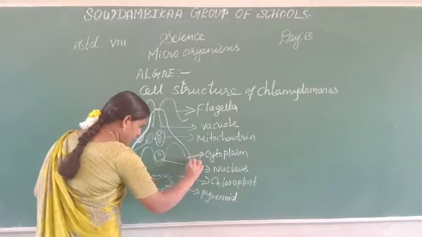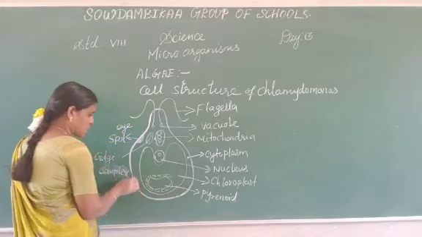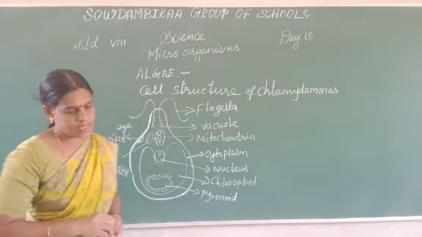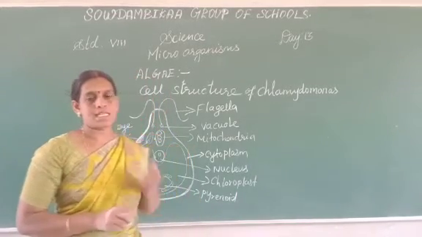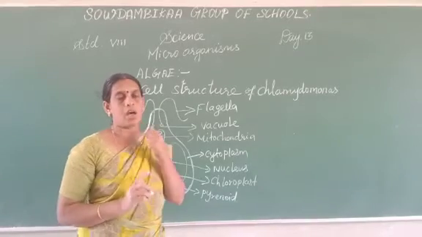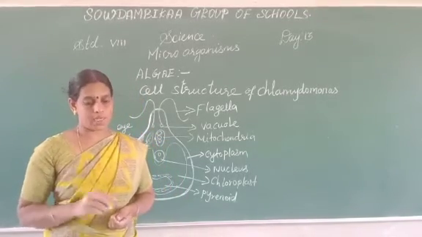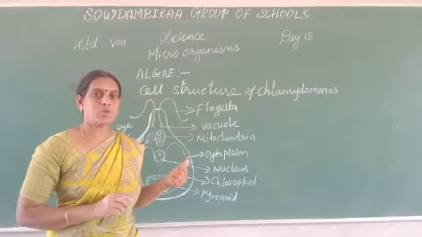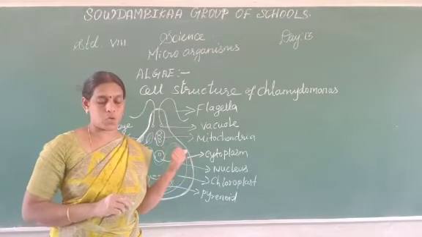Now we see the explanation of the cell structure. The first point: Chlamydomonas is a simple unicellular motile freshwater alga. Where is it found? In freshwater.